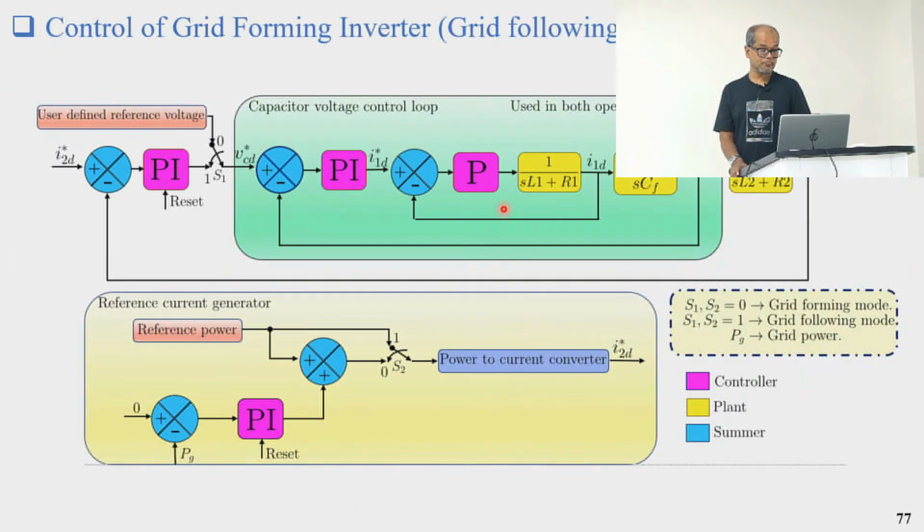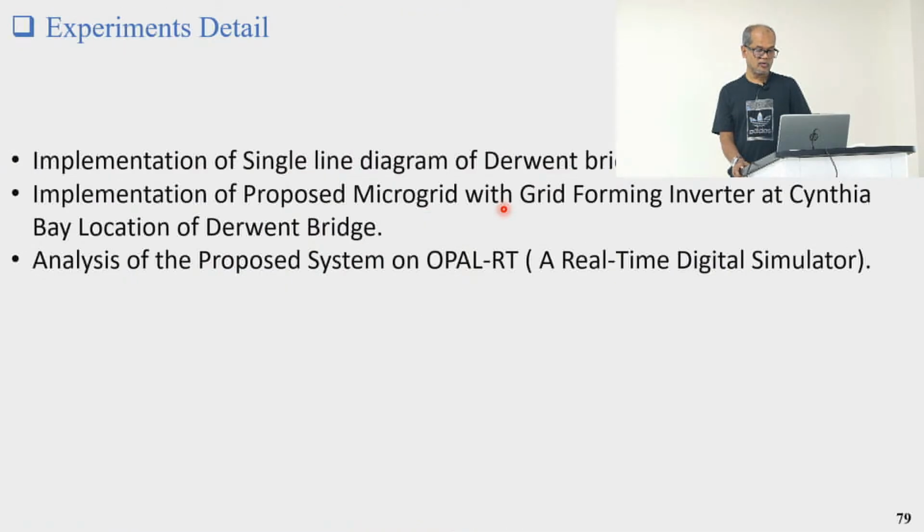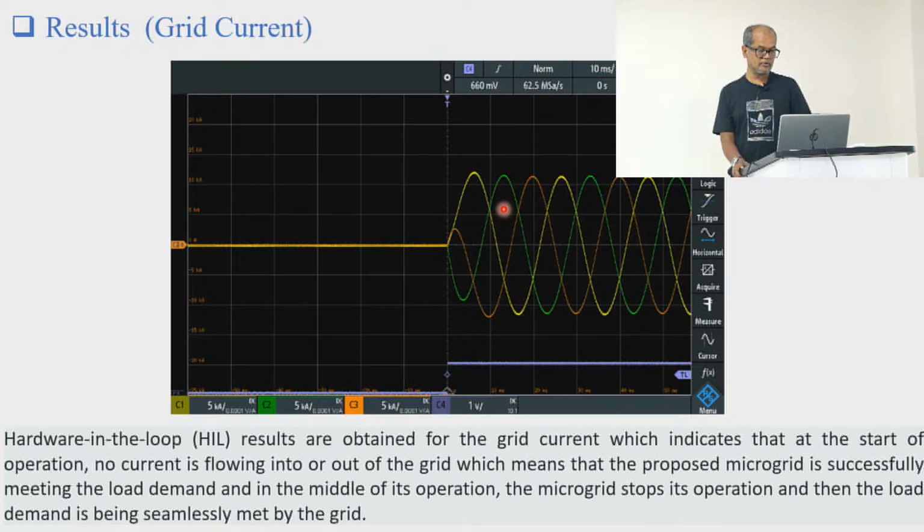We also did the grid following and grid forming that we discussed yesterday, and also switching between grid following to grid forming and vice versa, just to make sure that it has smooth operation under many different operating conditions. So it's not only simulation, but we also did experiments.